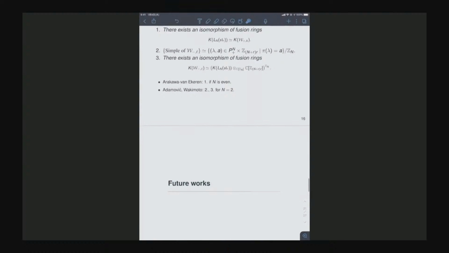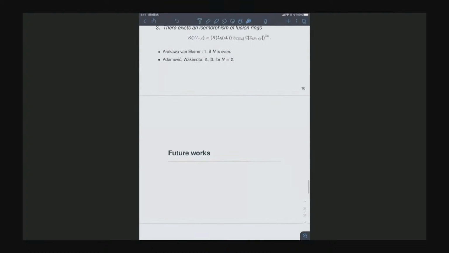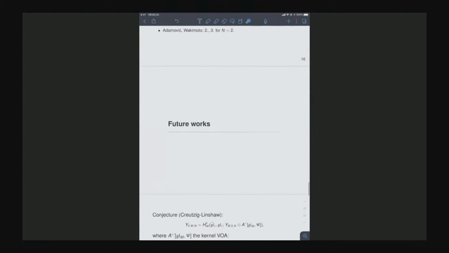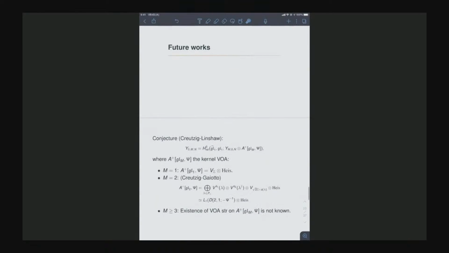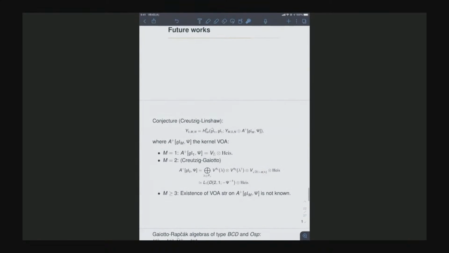So finally, I give some comments on future work. Firstly, our result is a very special case; Creutzig–Gaiotto consider a more general case. They consider Y_{m,0,n}.